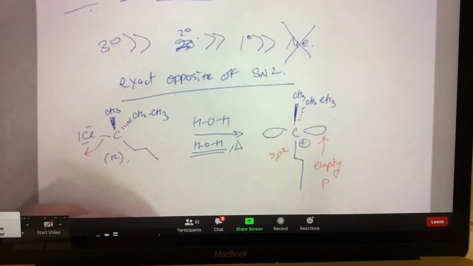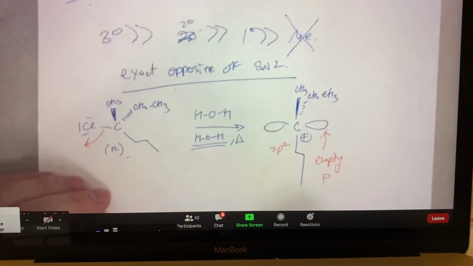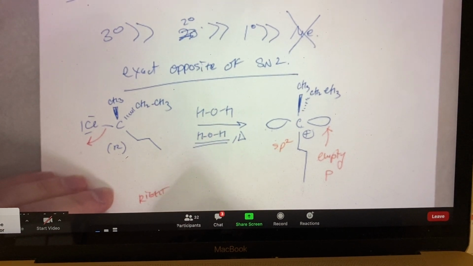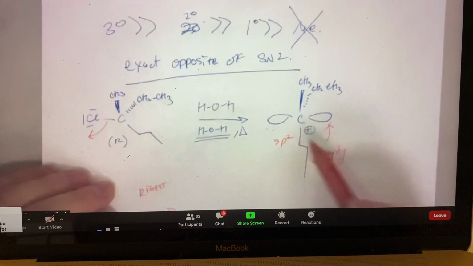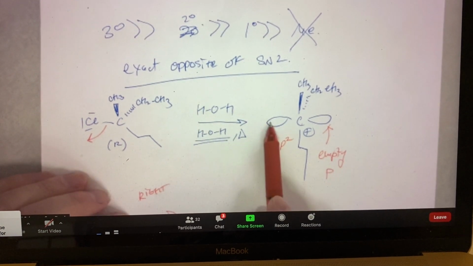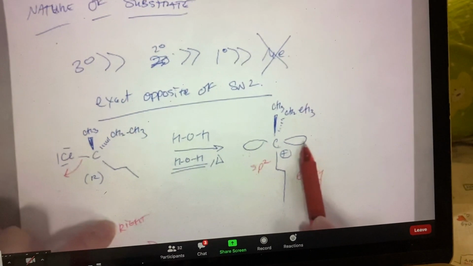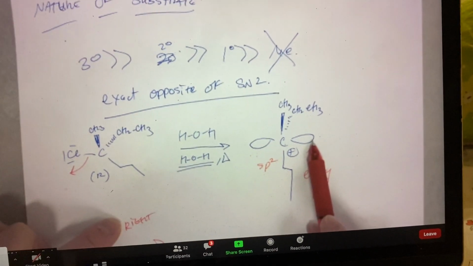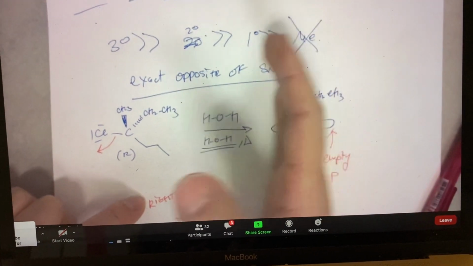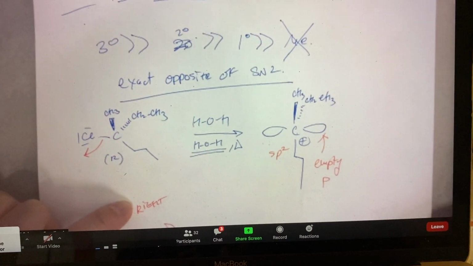And water can come in from either the right or the left. I'm not going to draw it, I've drawn a few too many arrows here. But if water comes in from the left, well, let's do the right first. If water comes in from the right, we'll have an oxonium ion, and it's deprotonated. We'll make an alcohol where water came in from the right, and these groups will all get pushed to the left to make room for it.